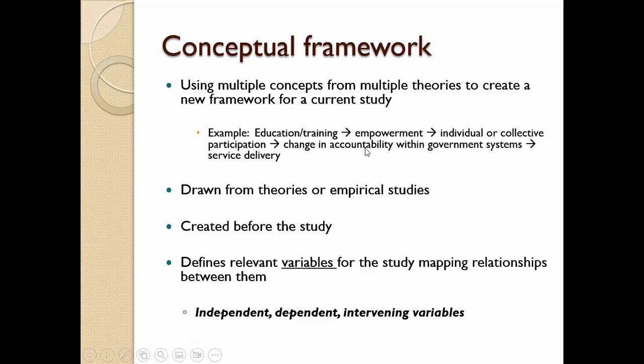If you look at change in accountability within government systems versus participation of citizens, then citizen participation becomes the independent variable and change in accountability becomes the dependent variable. So at the end of the day, the increase in service delivery would depend on these other variables. It depends on how you look at this.